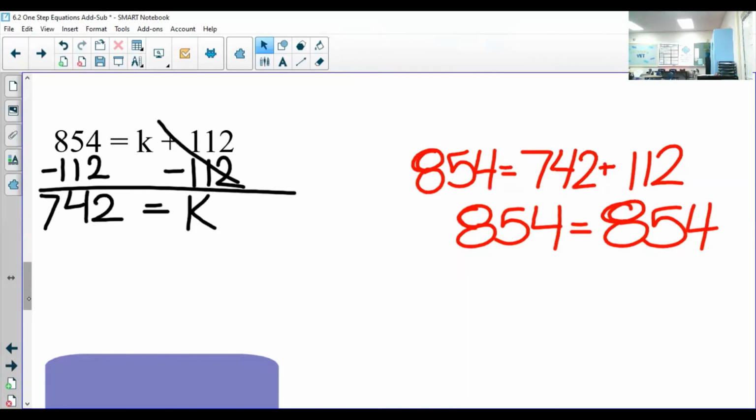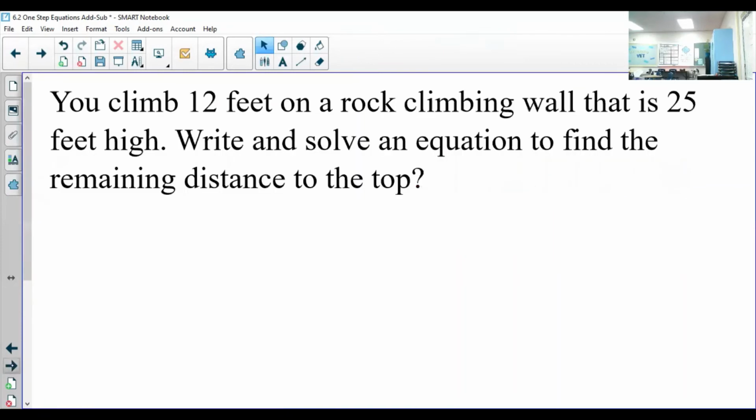All right, let's try a story problem. Okay, you climb 12 feet on a rock climbing wall that is 25 feet high. Write and solve an equation to find the remaining distance to the top. Let's draw a picture, okay? Let's say, here's my climbing wall, okay, right?